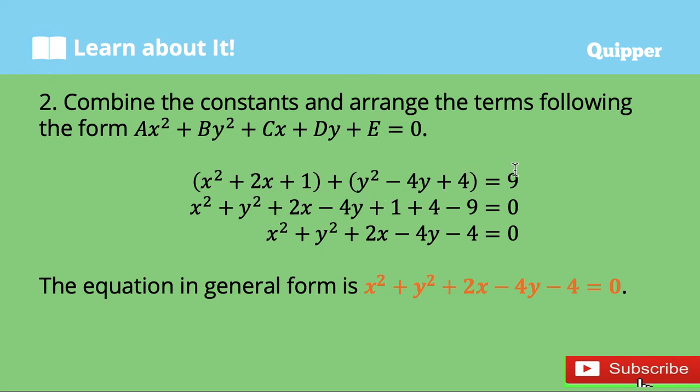Transpose this positive 9 to the left side, it becomes negative 9. Then equate it to 0. Simplify, just copy. Then 1 plus 4 is 5, and 5 minus 9 is negative 4. Therefore, the equation in general form is x² + y² + 2x − 4y − 4 = 0.